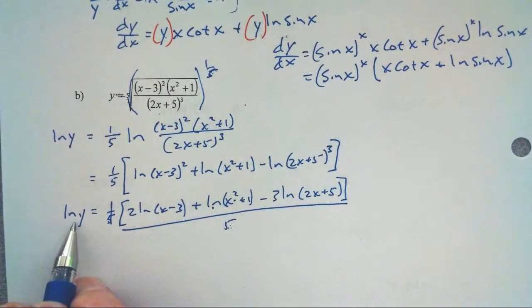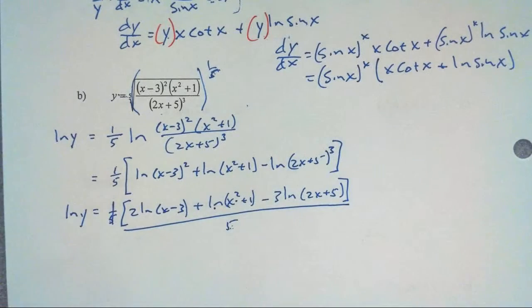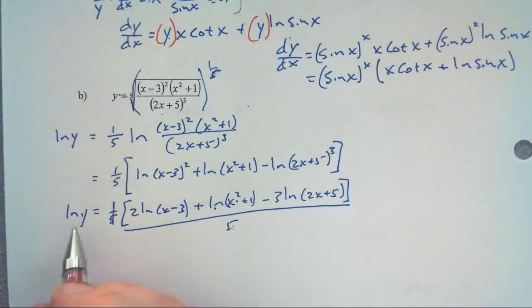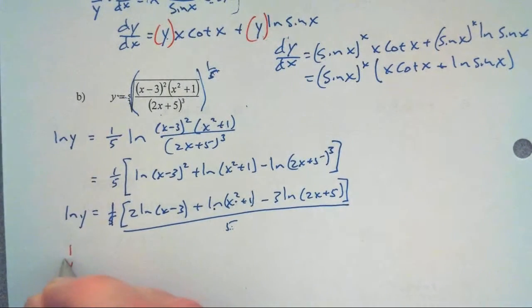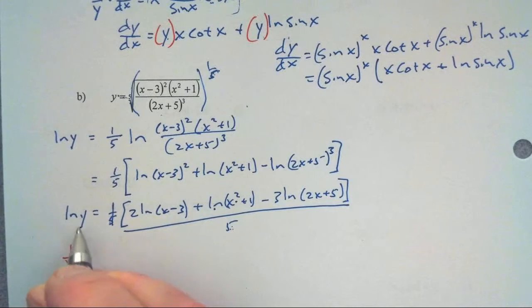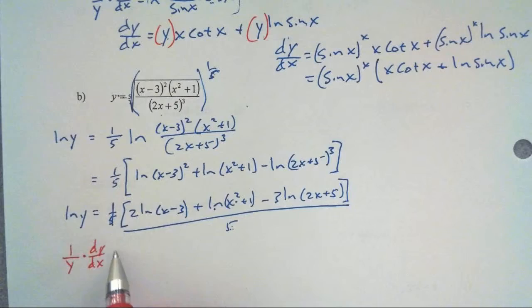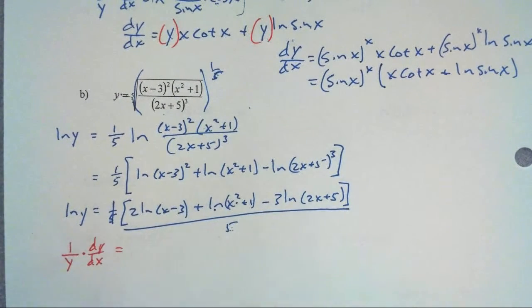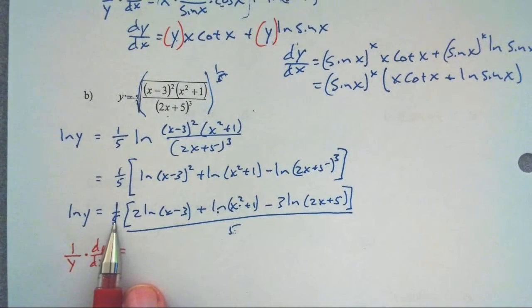But anyway, let's take derivative of both sides. Derivative of ln y, so I'm just going to go, I'm in calculus mode now. That was all blue. That's all pre-calculus. Calculus mode. Derivative of ln y wants to be 1 on y, but that's times the inside derivative, y is a function of x, dy dx. Equals. So is it clear? All I have to do is take the derivative of the top and leave that on 5. Or the 1/5, as I've said a number of times, constant multiples survive.